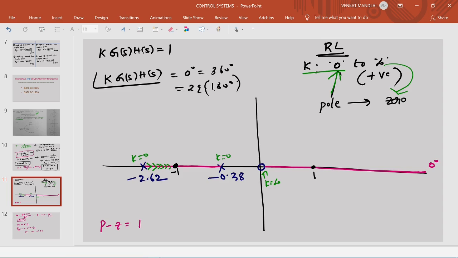These two poles have to meet here because break-in exists at s equal to minus 1, and breakaway also exists at this point.